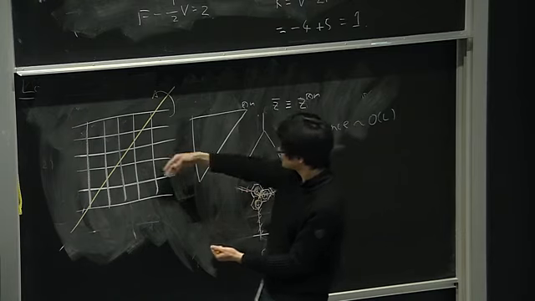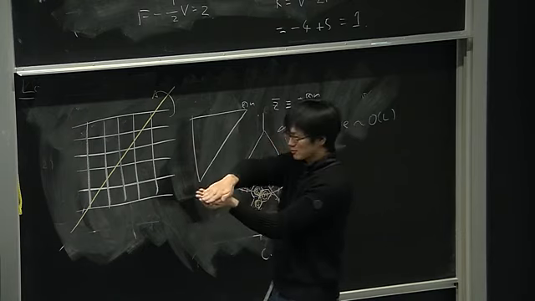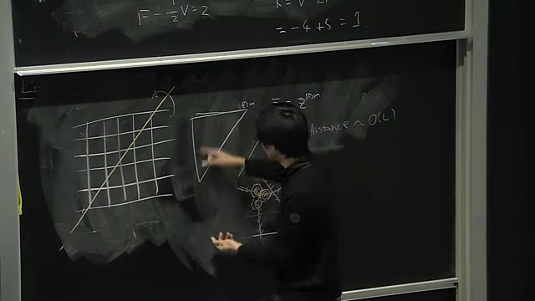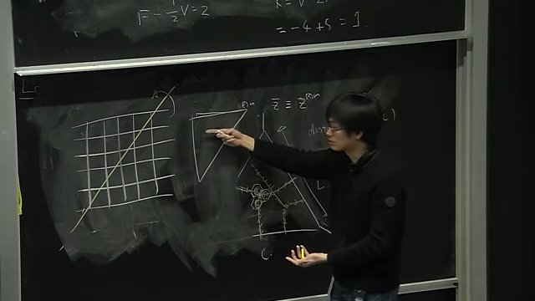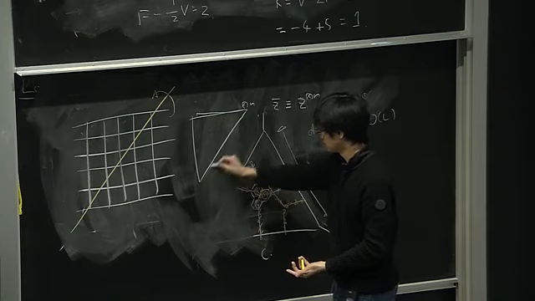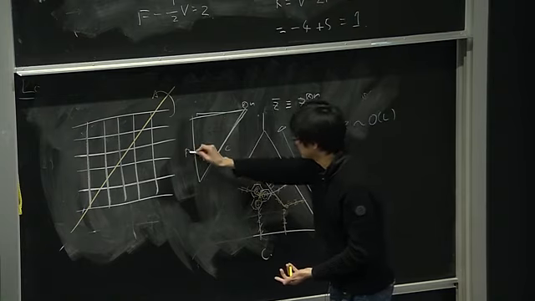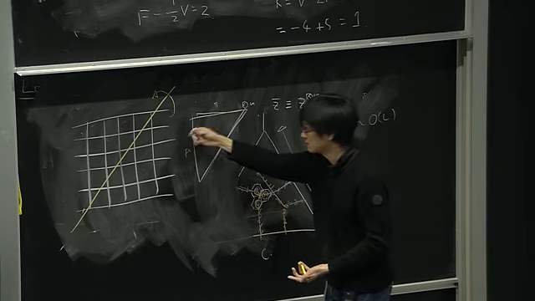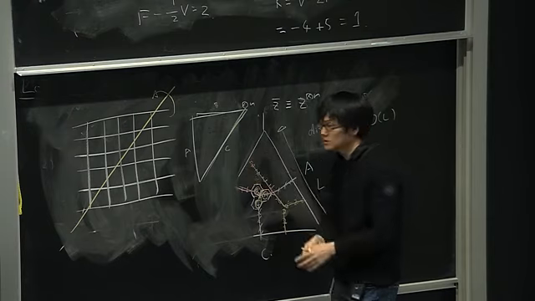But now I fold it, so it's like 2 independent sheets, right? So in the bulk, I see 2 copies of the toric code, but somehow they're coupled on this boundary. So in this case, the C boundary. A and B are trivial boundaries with smooth and rough boundaries, but C somehow couples.